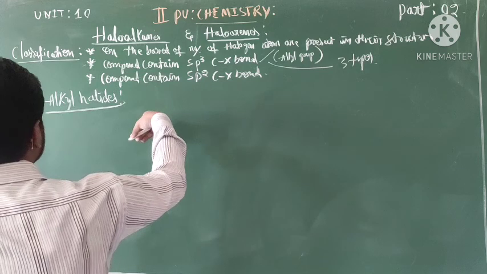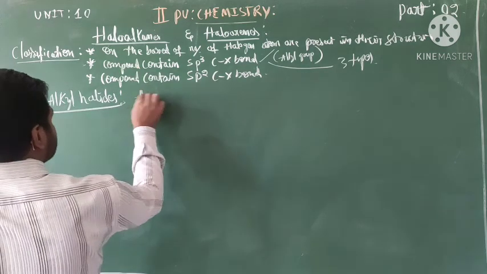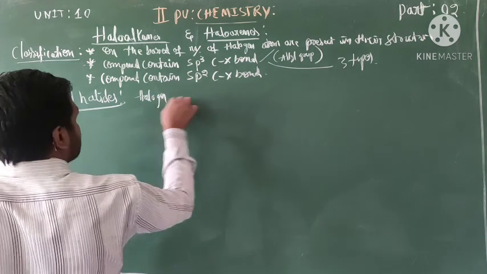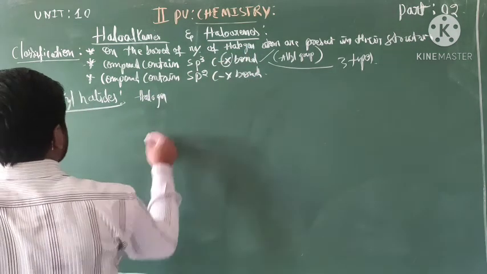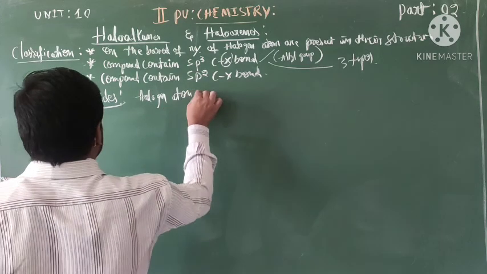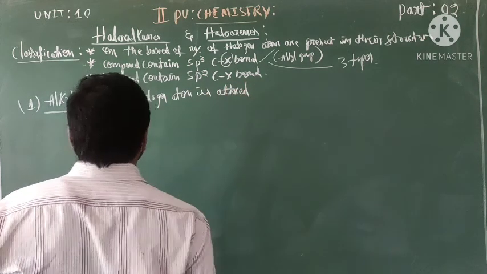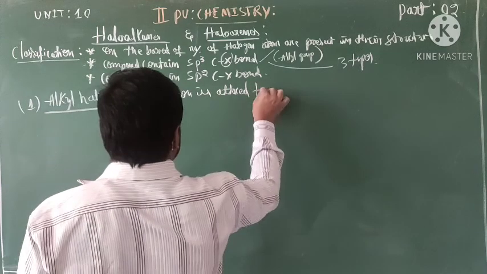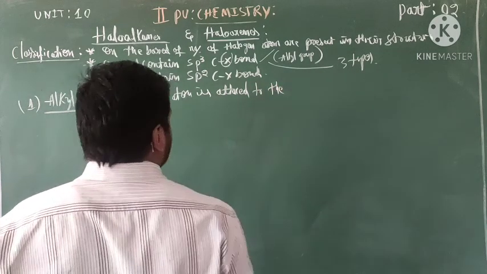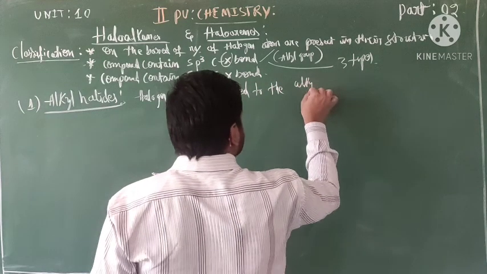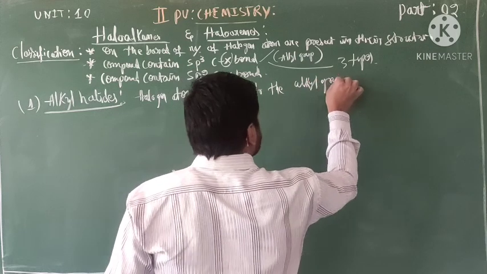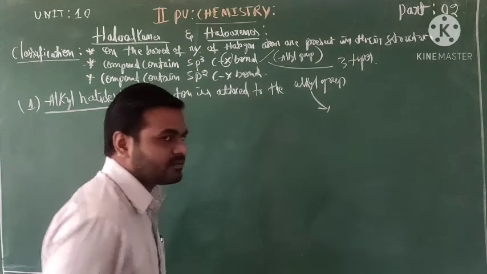In these compounds, the halogen atom is attached to the alkyl group. Alkyl means what?